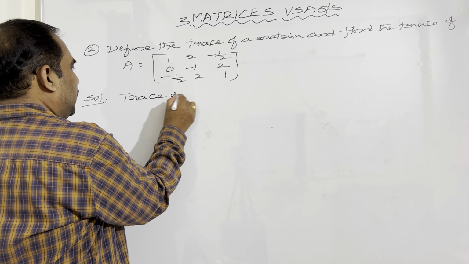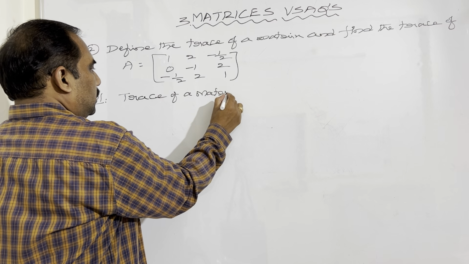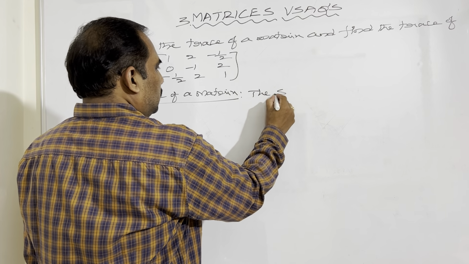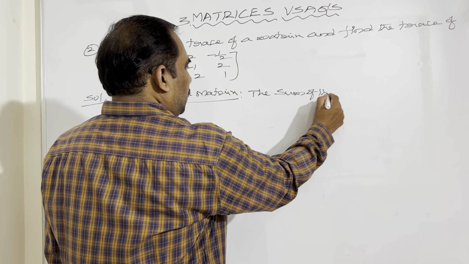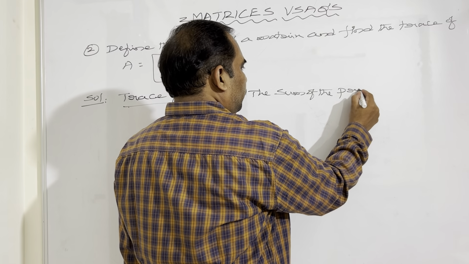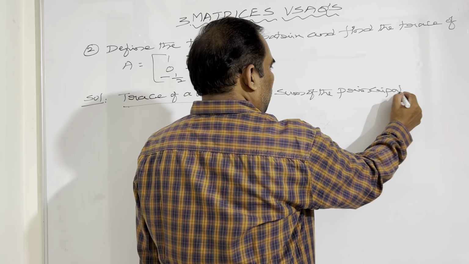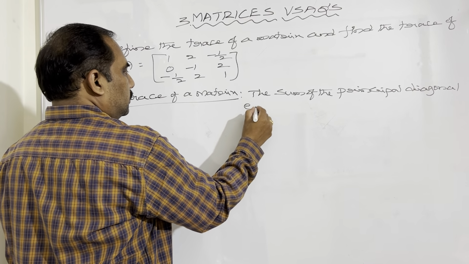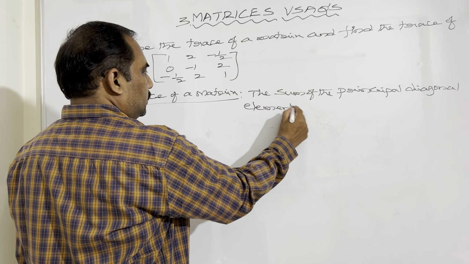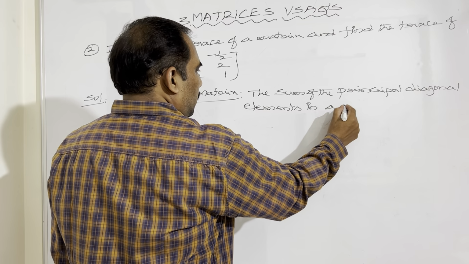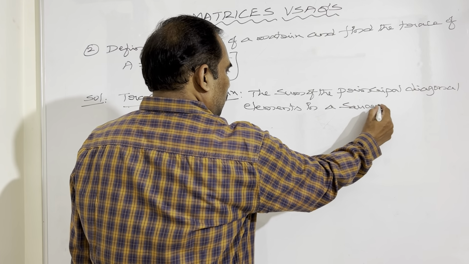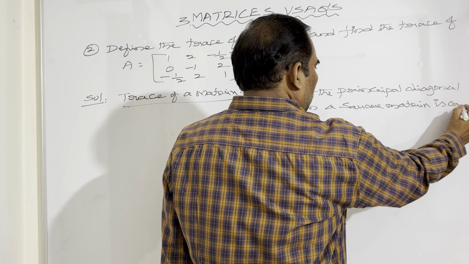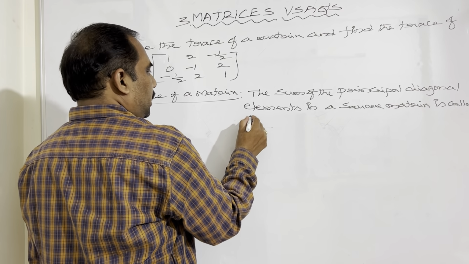The trace of a matrix is defined as the sum of the principal diagonal elements in a square matrix.